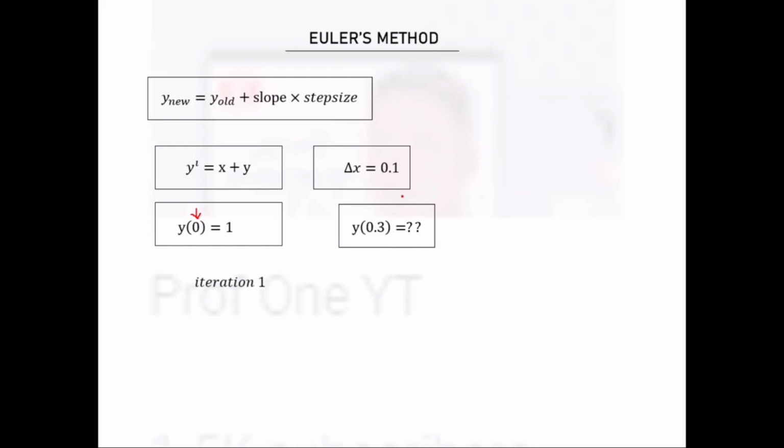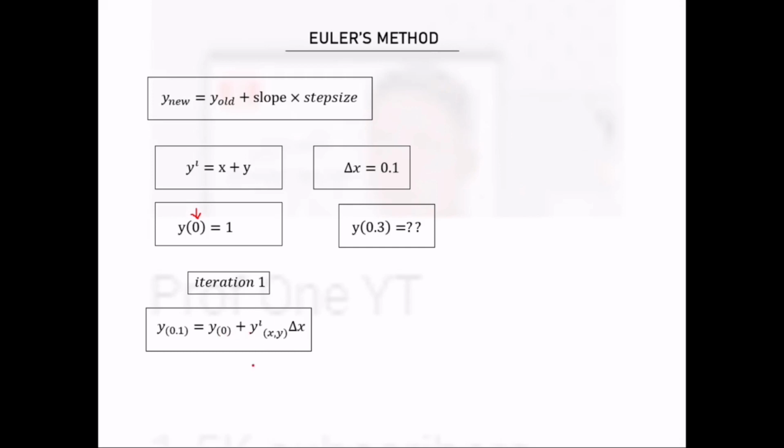So let's start. For iteration 1, first, we need to fulfill the formula, which states that y new is equal to y old plus the slope times the step size. So we have our y new, which is y of 0.1. This means that we are finding the value of y when x is 0.1. Then it's going to give us y of 0. This means that we're going to take the value of y when x is 0, because that is the initial condition they gave us, plus the derivative of the function.